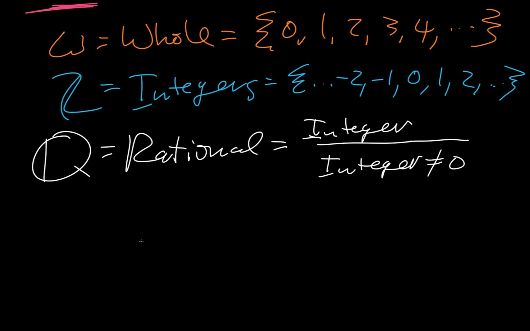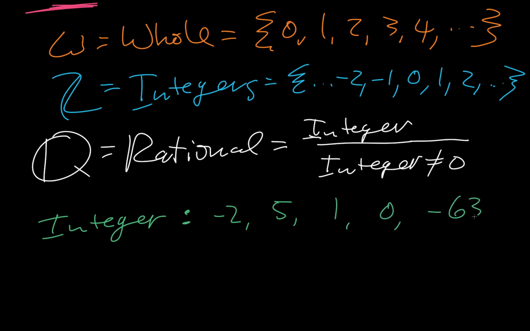So rational numbers, even though this is the definition, there's 4 ways that we can recognize a rational number. The first one is just any integer. So for example, -2, 5, 1, 0, -632. Those would all be rational numbers.